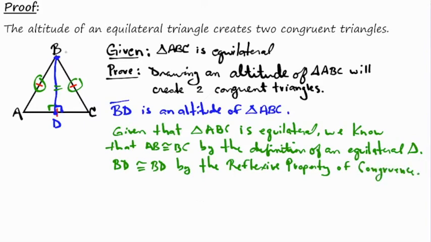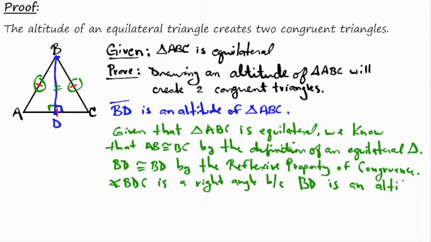And we know that angle BDC is a right angle because BD is an altitude of triangle ABC.